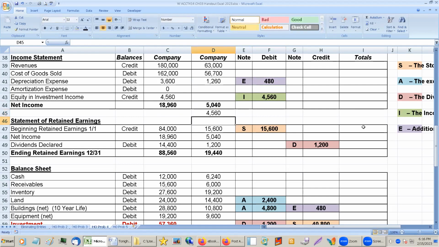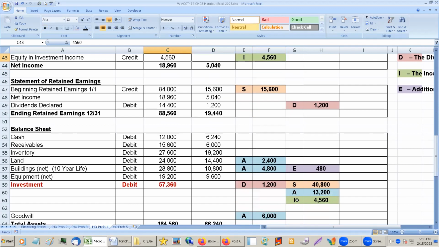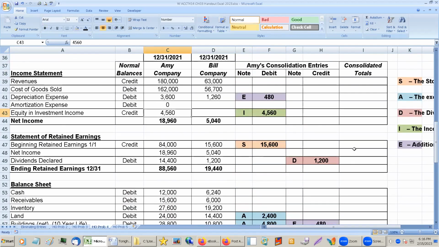Yeah. So that's what we did. They told us their income was 5,040, and then we subtracted out the additional 480, and that's how we came up with this number. So that's why this is the income that we take out down here. Okay, I think we're ready to start smushing them together.